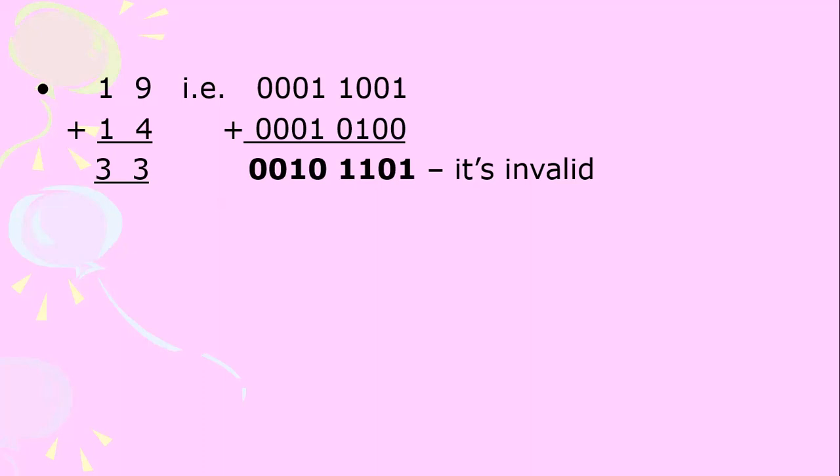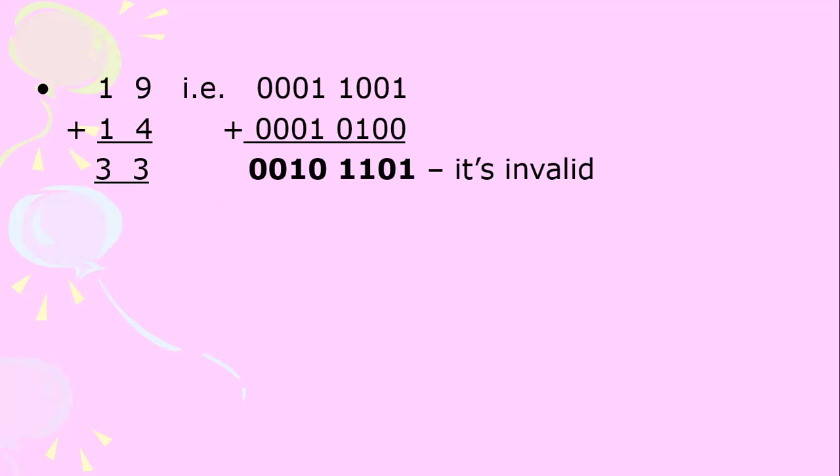We write down 0. 0 plus 1 is 1. We write down 1. Then 1 plus 0 is 1. We write down 1. 1 plus 1 is 0 carry 1. We write 0, we carry 1. 1 plus 0 is 1. 1 plus 0 is 1. We write down 1. Then we move on to the next column. We add 0 plus 0, we get 0. 0 plus 0, we get 0.